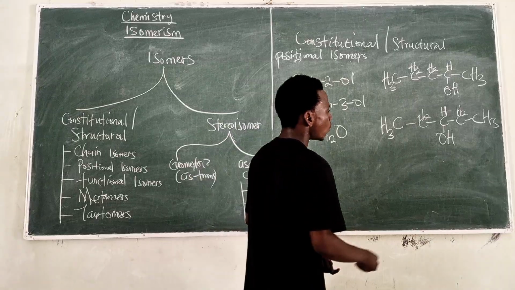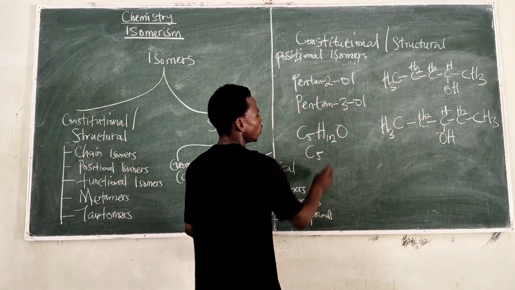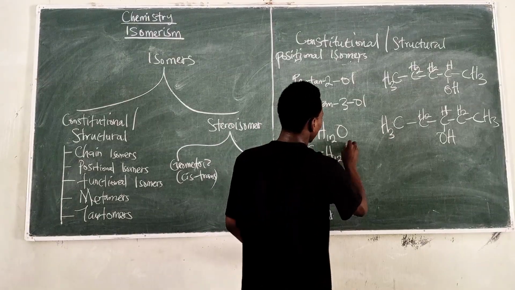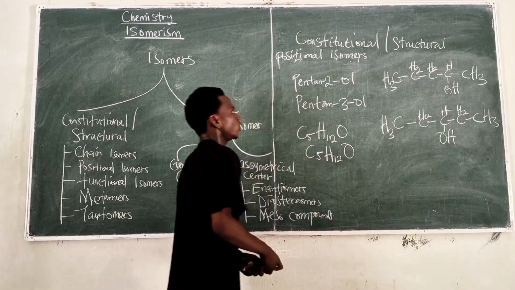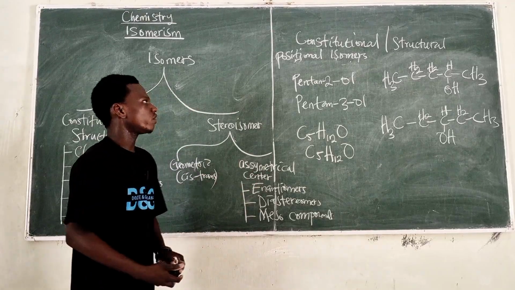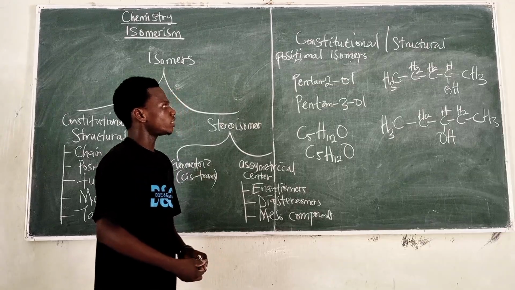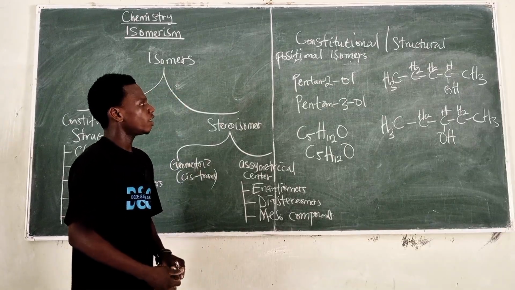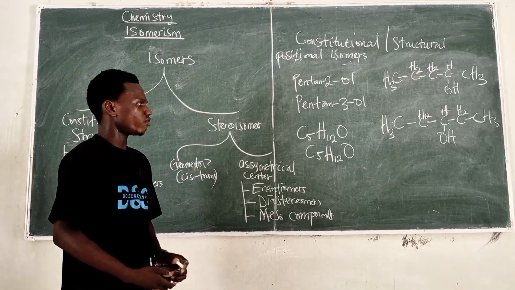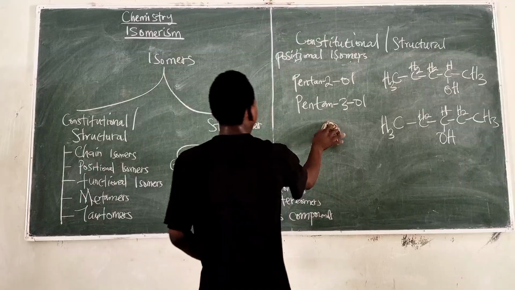In pentan-3-ol, we have 1, 2, 3, 4, 5 carbon atoms with 12 hydrogen and 1 oxygen. So these two are examples of positional isomers. They are compounds with the same molecular formula, the same functional group, but different position of their functional group in a compound.